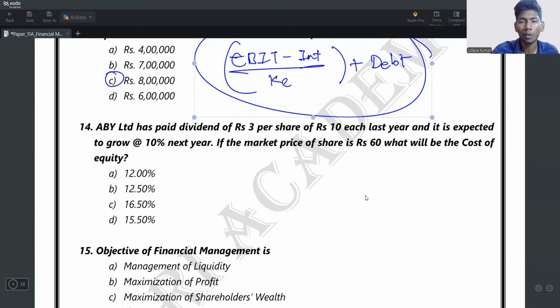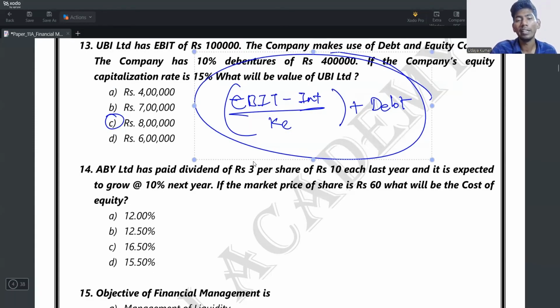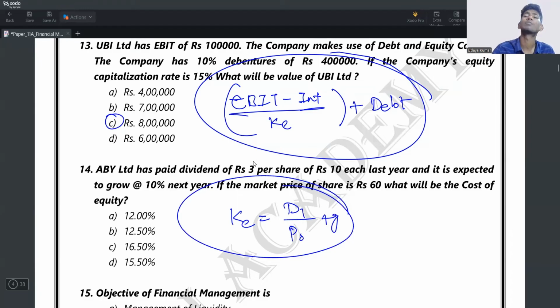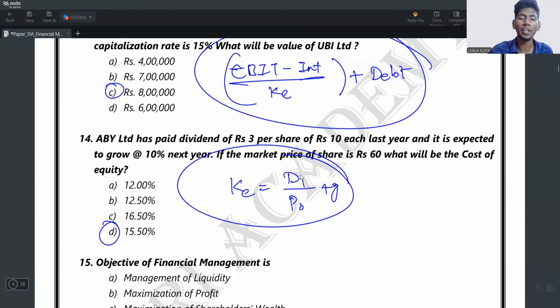It's quite easier for you to calculate because the formula for growth dividend KE is equal to D1 divided by P0 plus g, right? Use this formula and find out the answer immediately. So it's quite easier. You should not waste the time. If you use this formula, the answer you will be getting is 15.50%.